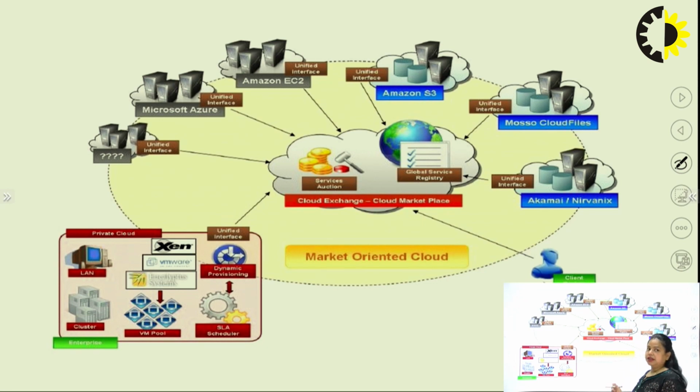Now you can see the complete global exchange market, right? In this market, we have a cloud in which a services auction is also in place. A global service registry is available, and there are n number of cloud service providers who have created their own market environment to provide various services.